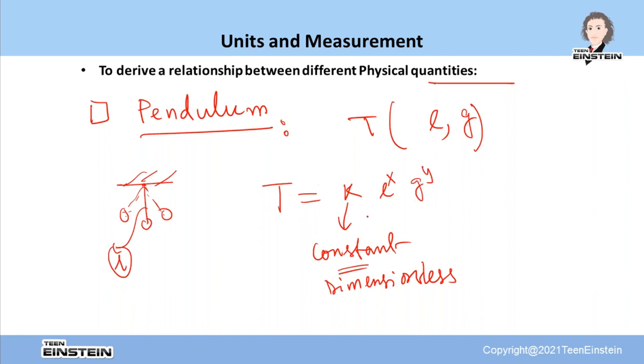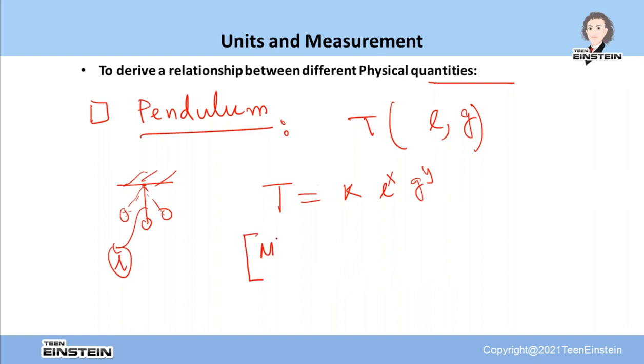So I'll write dimensionally. This time period, I can write dimensionally M to the power 0, that means it does not depend on M, or the dimension of M is 0 for time. L to the power 0 and T to the power 1 will give you the dimension of time.